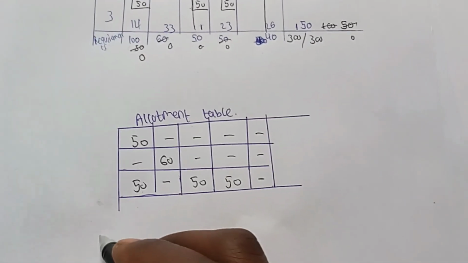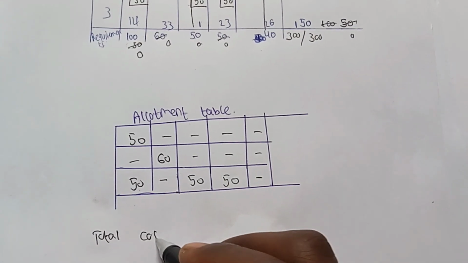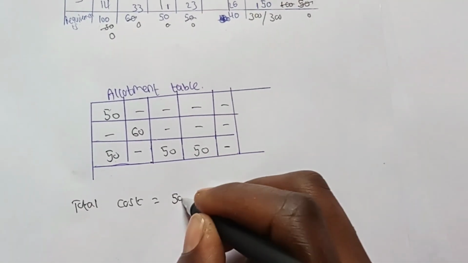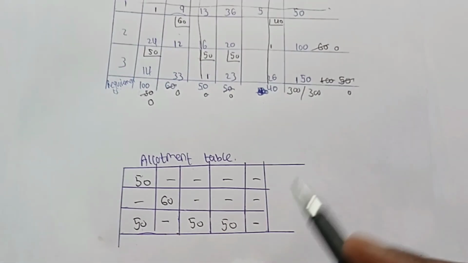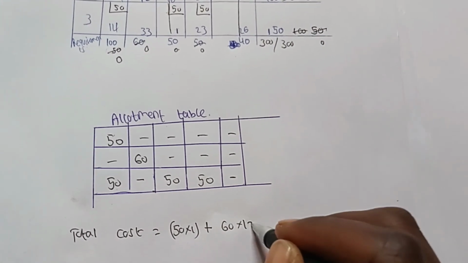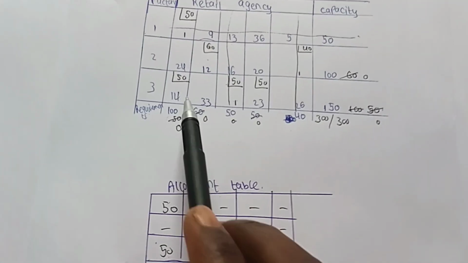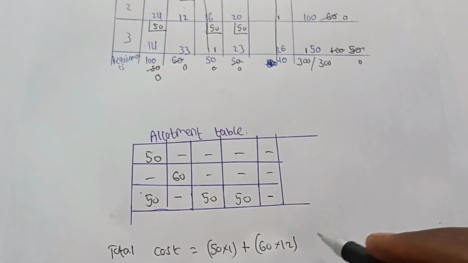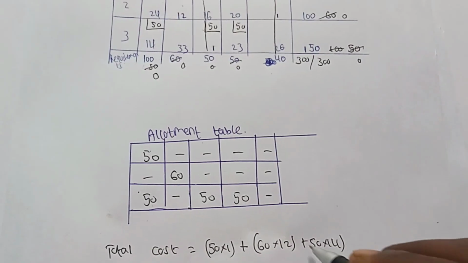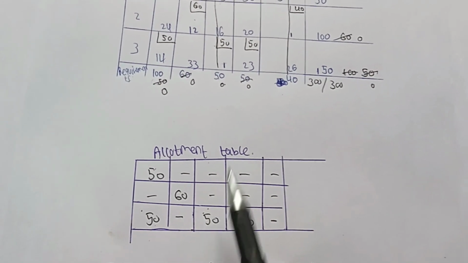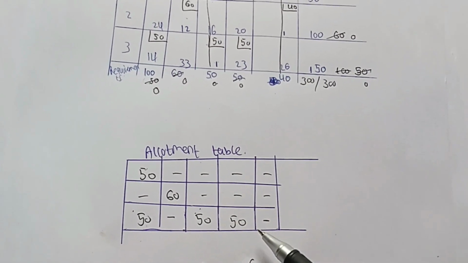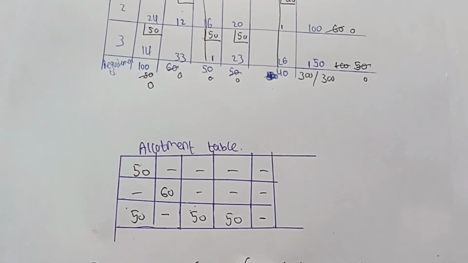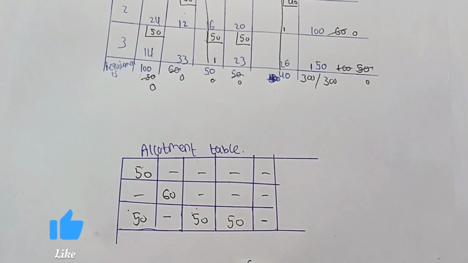For us to get the total cost, it will be given by 50 multiplied by 1, plus 60 multiplied by 12, plus 50 multiplied by 14, plus 50 multiplied by 1, plus 50 multiplied by 23.